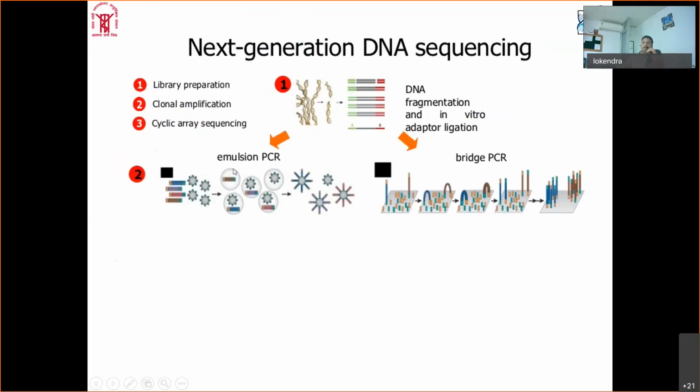This emulsion is amplified every time, and each time it is amplified, we can detect it by various methods. Or alternatively, it can attach to a surface which already has known sequences of those adapter molecules, and the complementary strand will bind and make a bridge-like structure, and during that it will amplify again.